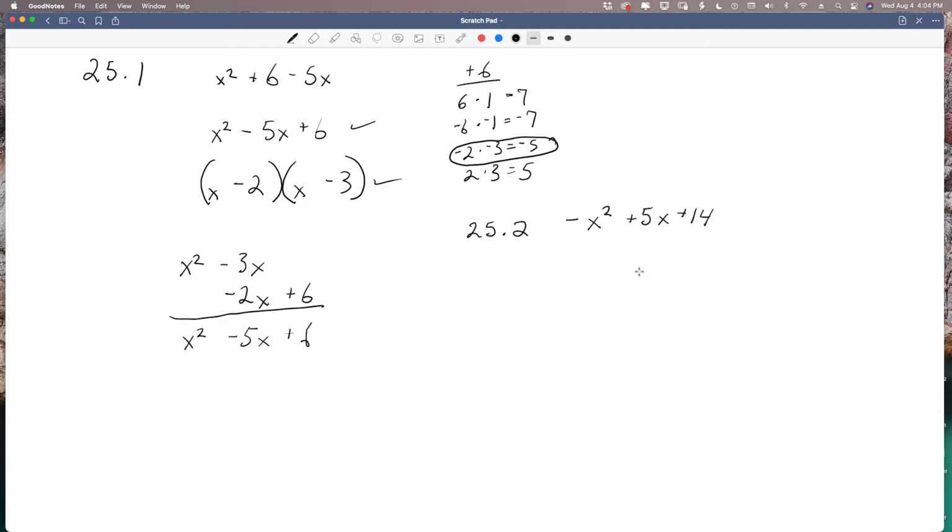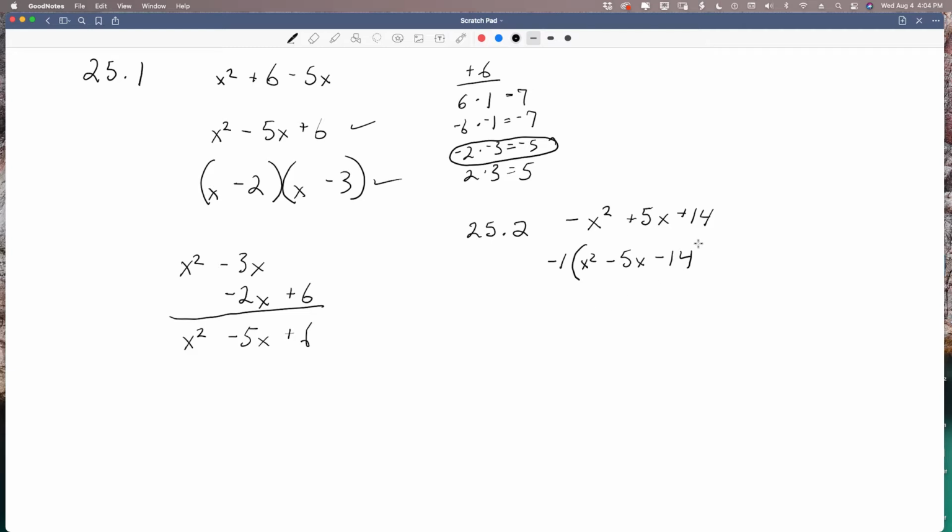Now what is the one thing we don't want to have to deal with when we factor trinomials? We don't want to deal with a negative variable. Those things stink, so we're going to get rid of that by factoring out a negative 1. Now when we factor out a negative 1, it changes all the signs here. So this becomes a positive x squared, this is a negative 5x, and this becomes a negative 14.